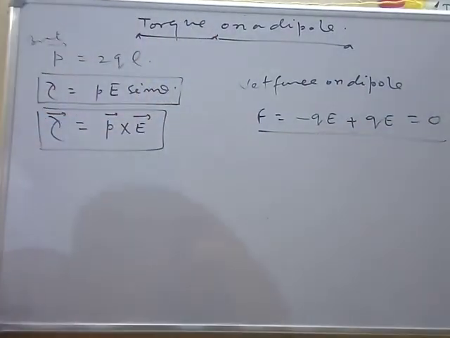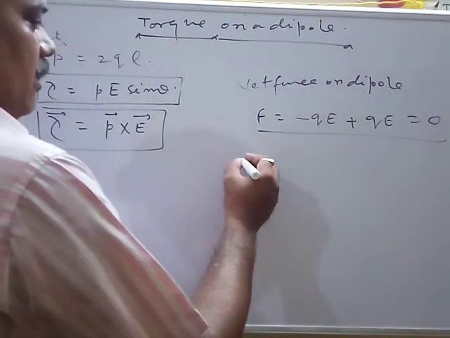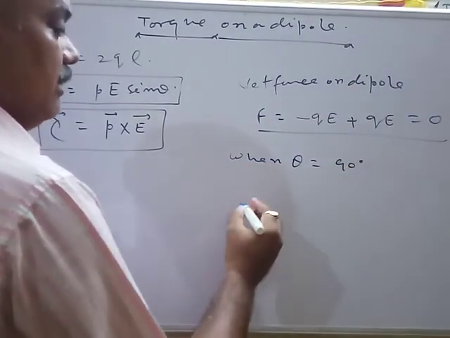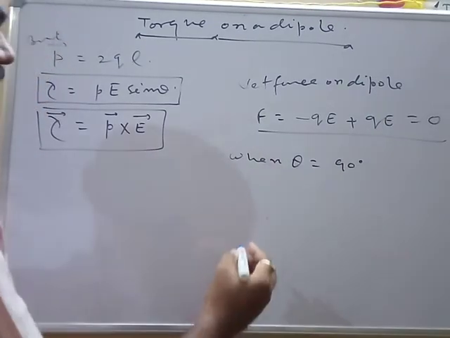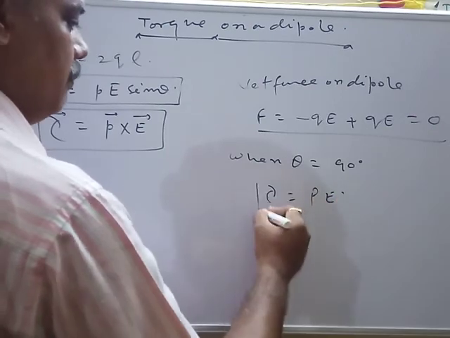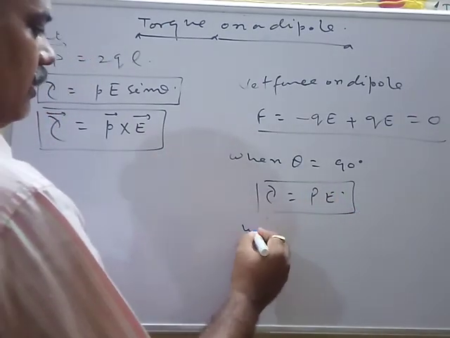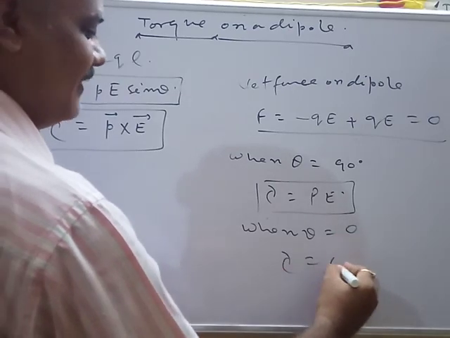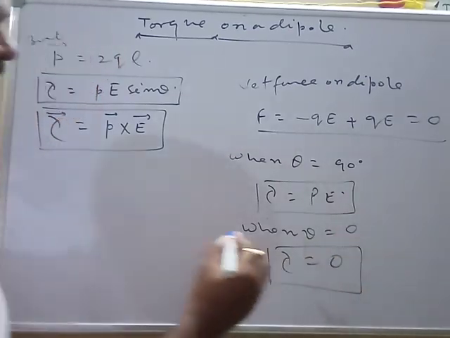Net force on a dipole in a uniform electric field is 0. Maximum torque is when theta equals 90 degrees, tau equals PE. When theta equals 0, tau equals 0.